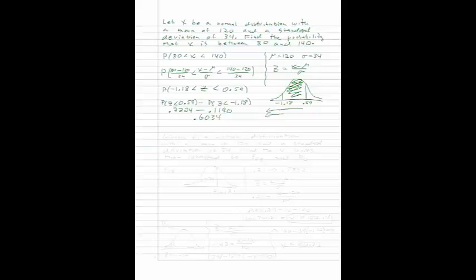So that tells us that if we have a normally distributed random variable with a mean of 120 and a standard deviation of 34, a little more than 60% of those data points are between 80 and 140. Let's stick with that same last question.